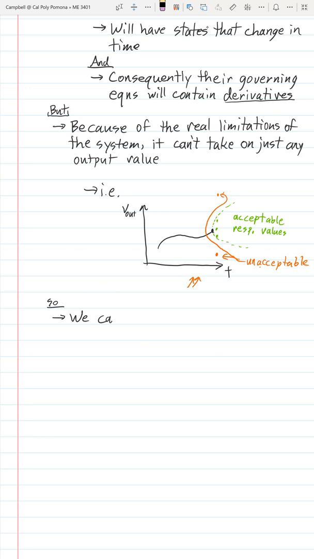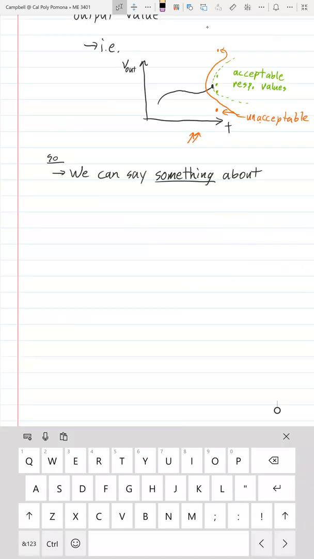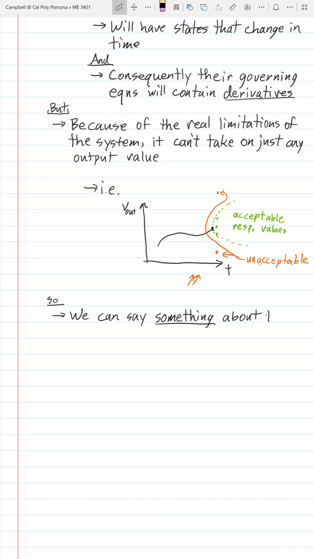So clearly, the point that I'm getting at here is that we can clearly say something, because the system isn't a complete unknown to us. We can say something about the next value. Even if the system isn't completely defined for us, we can say something about that next value, because we know it can't be infinitely high on the upside, or infinitely far down on the downward side.